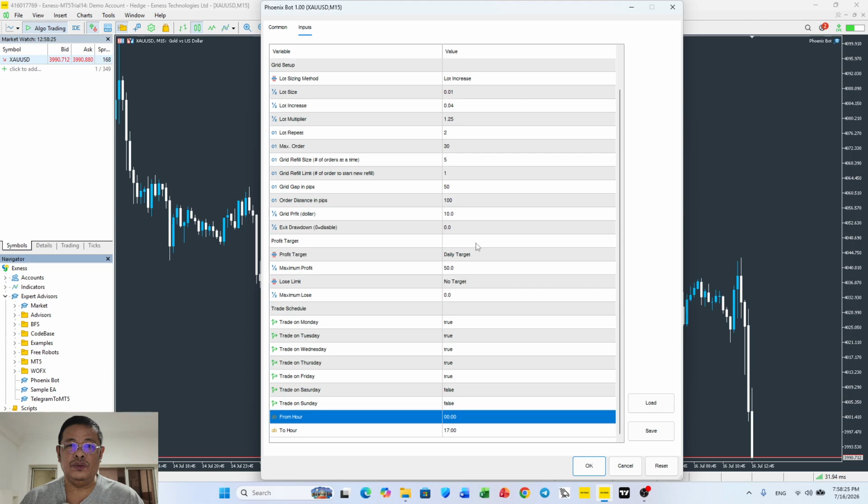There's no EA on earth that you just click and use and then make profit right away. You need to do backtesting and find the right setup for a specific instrument. We cannot use the same setup for different pairs or different instruments. Each instrument should have its own setup.